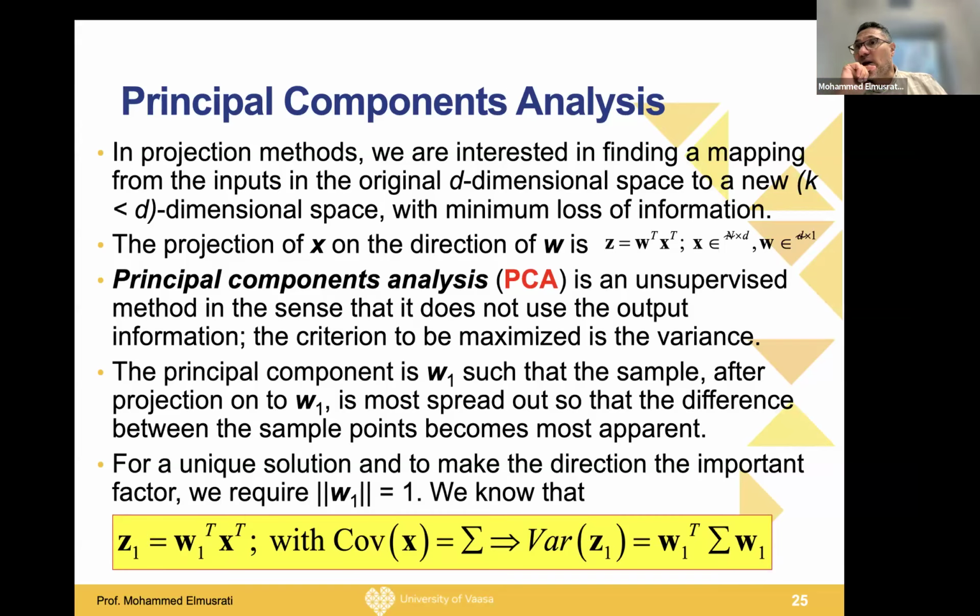In general, I don't want to take you into information theory, but the entropy, or the differential entropy, the measure of the information, is usually an increasing function of the covariance matrix of the data. In other words, the data which has the highest variance should contain the highest information.